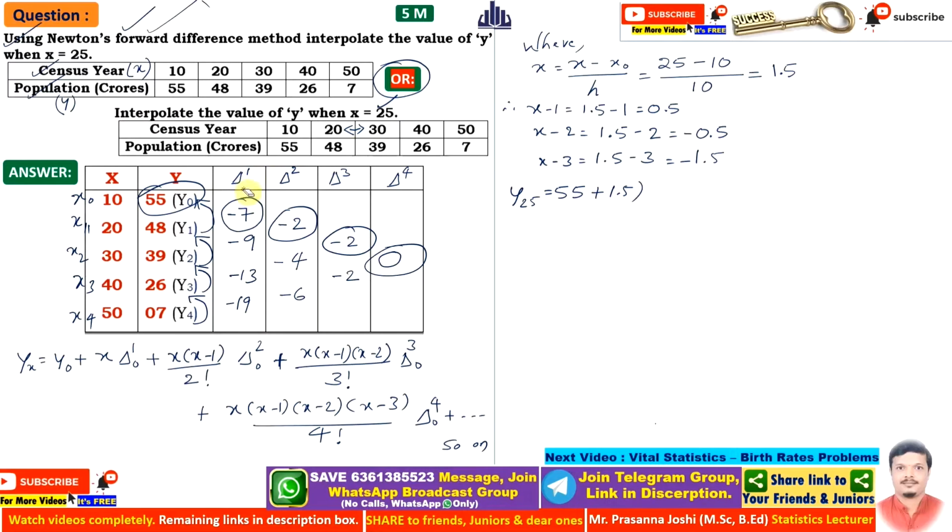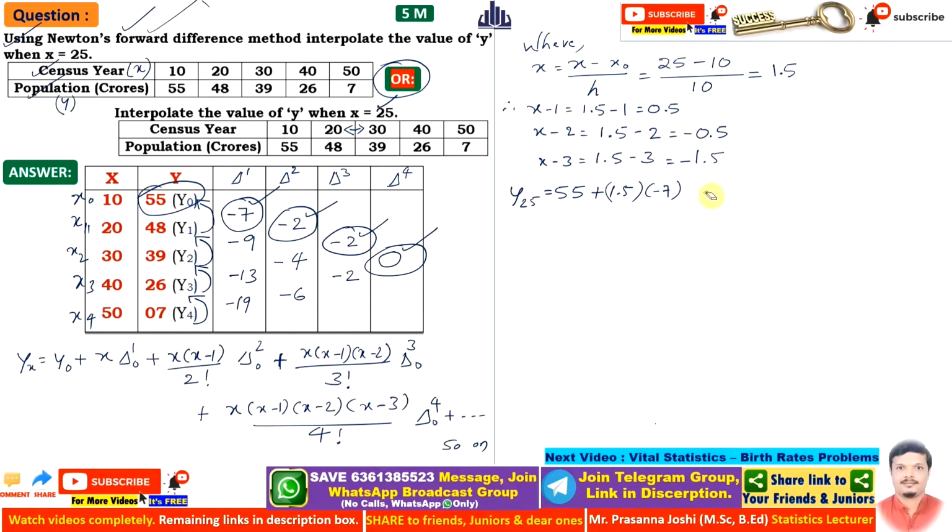Delta 0,1 value is this minus 7. Delta 0,2 is this minus 2. Delta 0,3 is minus 2. Delta 0,4 is this 0. The first values of all these difference columns will become those respective delta zeros: delta 0,1, delta 0,2, delta 0,3, delta 0,4. Now we want to substitute delta 0,1. So minus 7.